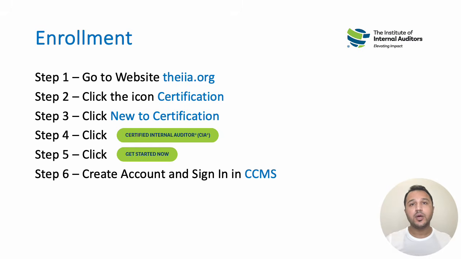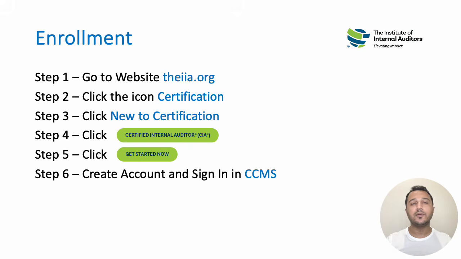Now let's talk about how you can enroll in the CIA exam. The official website is theiia.org, the main website for the Institute of Internal Auditors. There you will find an option for certification. Once you click on that, you can click on new to certification, and there you can find the three certification options mentioned earlier: IAP, Internal Audit Practitioner, CRMA, or CIA.